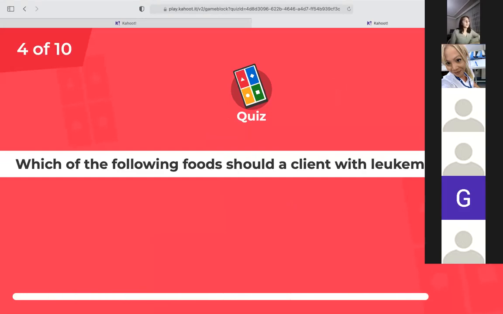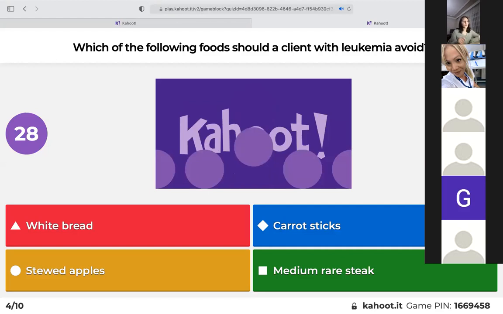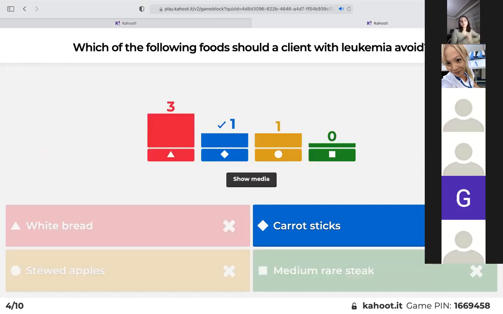Which of the following foods should a client with leukemia avoid? Carrot sticks.